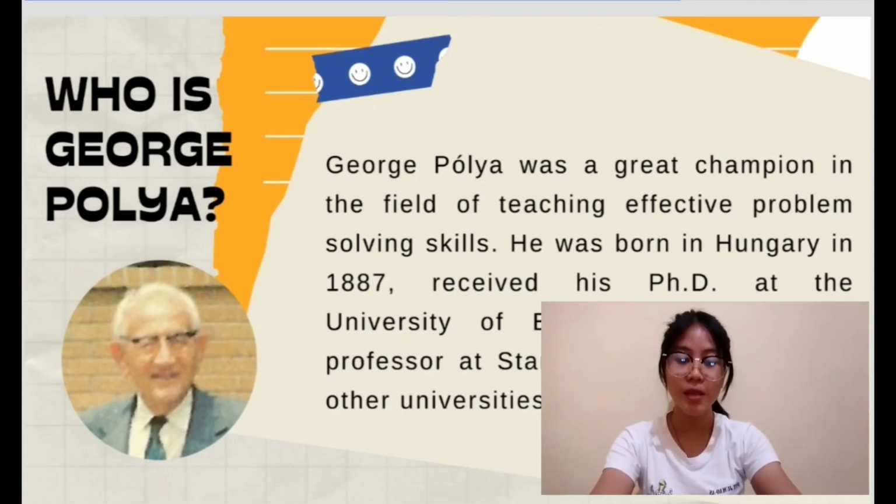Polya published the short book How to Solve It, which gave a four-step method for solving mathematical problems. Again, George Polya was regarded as the father of the modern emphasis in math education on problem solving, a leading research mathematician of his time.